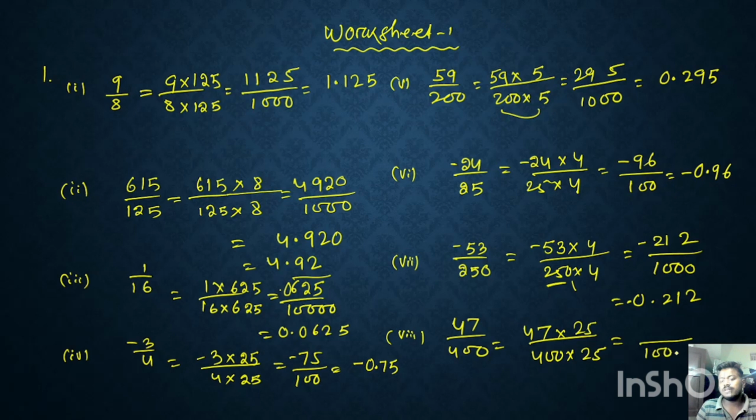100, then 0, now multiply with 25. Okay, so 47 into 25, now 7 5s are 35, 5 4s are 20, 23, then 2 7s are 14, 2 4s are 8, 1 9.